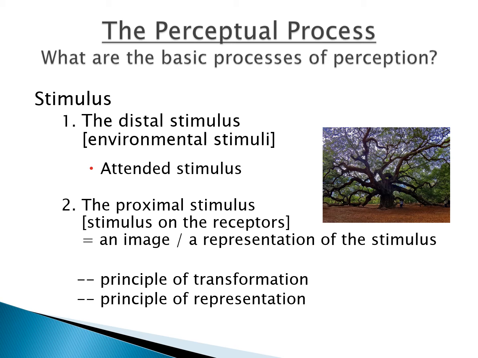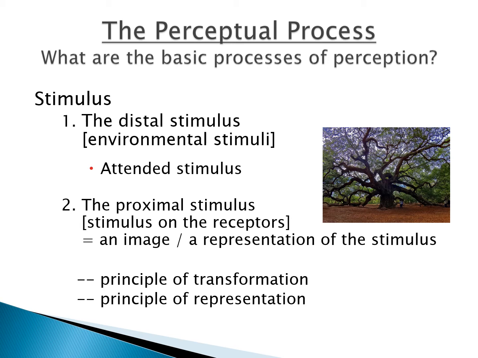Those photoreceptors are receiving this inverted upside down image, and nobody took that tree or that picture in this case and shoved it into your eye, right? So now we have an image, and it is a representation of the stimulus, which is really clear in the fact that it is inverted and upside down. That representation has gone through transformation, and it is a representation.